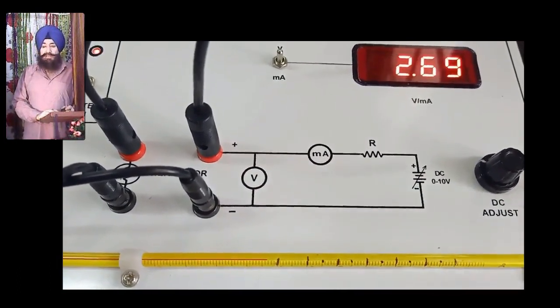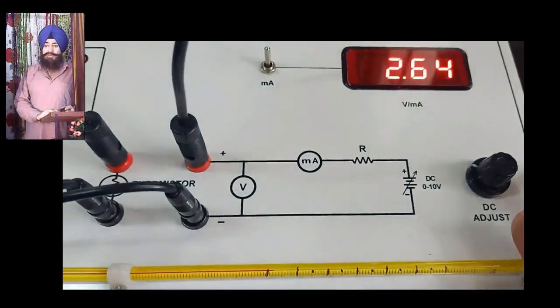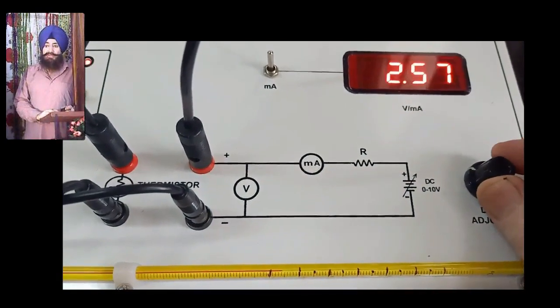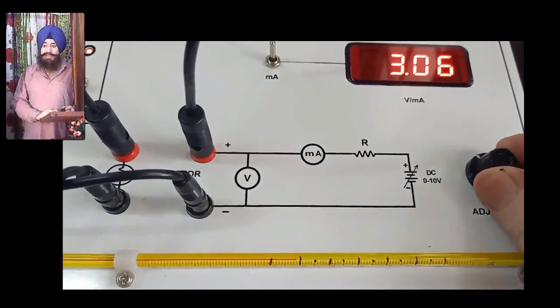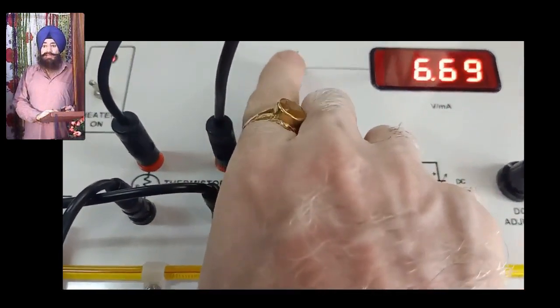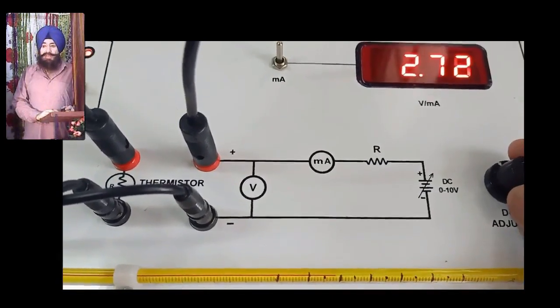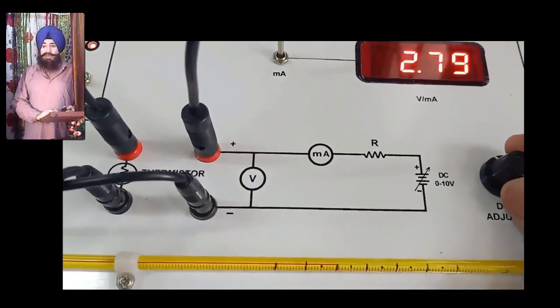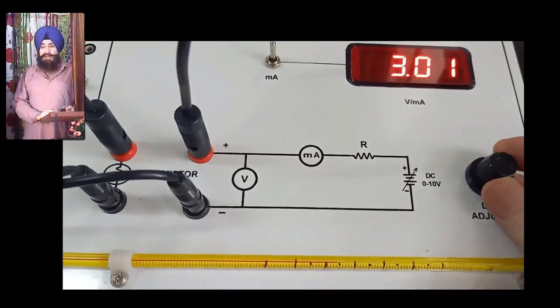Now the current is increasing because the temperature is increasing. What you do each time is try to keep the voltage constant at 3 volt by varying this knob. Each time fix the voltage at 3 volt and then note down the temperature and current.